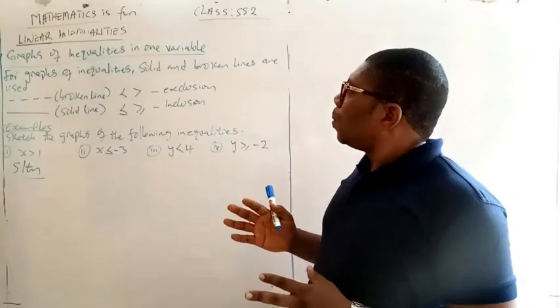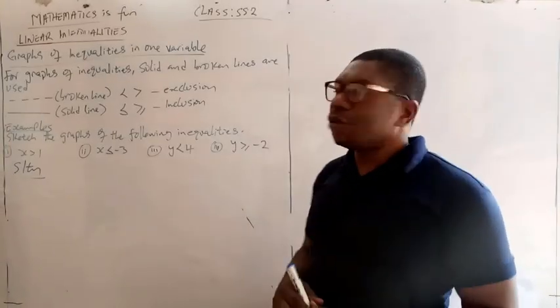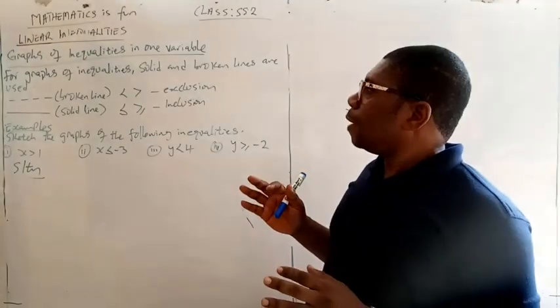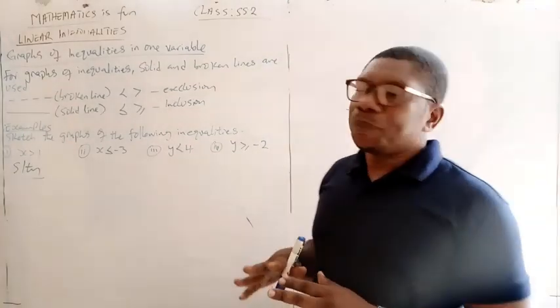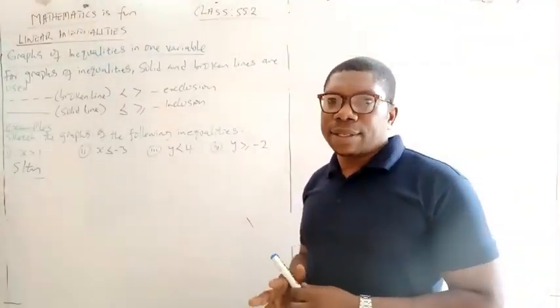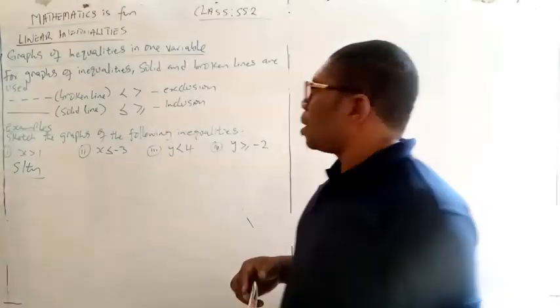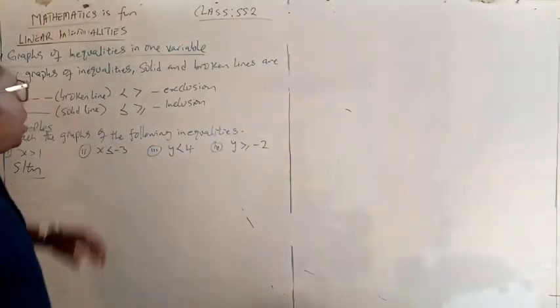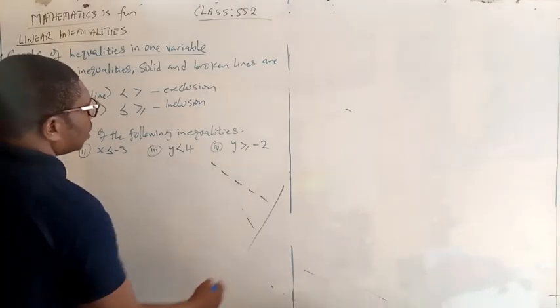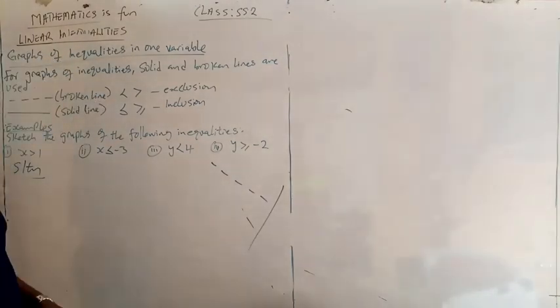Now, we want to look at graphs of inequalities in one variable. To plot this graph, we use solid and broken lines, such as this. It can be in any form, depending on what the statement is saying.